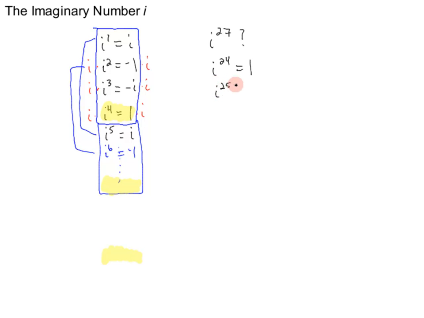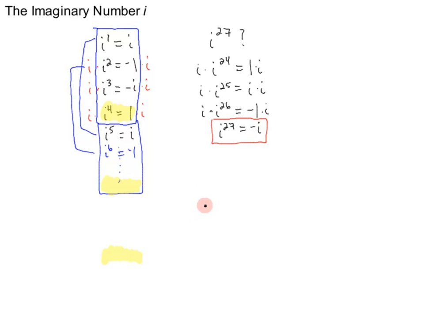That means i to the 25th, if you multiply both sides by i, would be 1 times i, which is i, and we're almost at i to the 27th. i to the 26th would be multiplying both sides of the previous step by i. i times i is i squared, which is negative 1. And finally, i to the 27th, if you multiply both sides of the previous step by i, you get negative i. So i to the 27th is negative i.